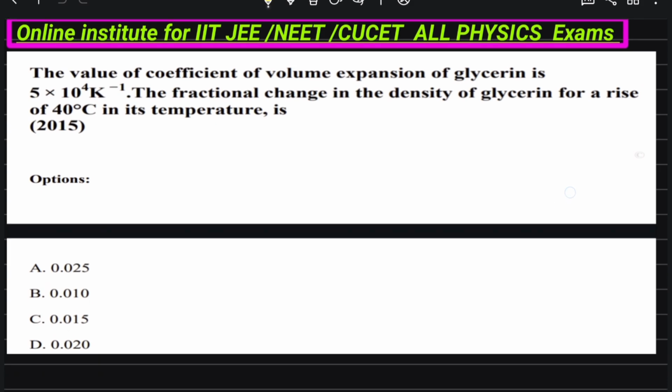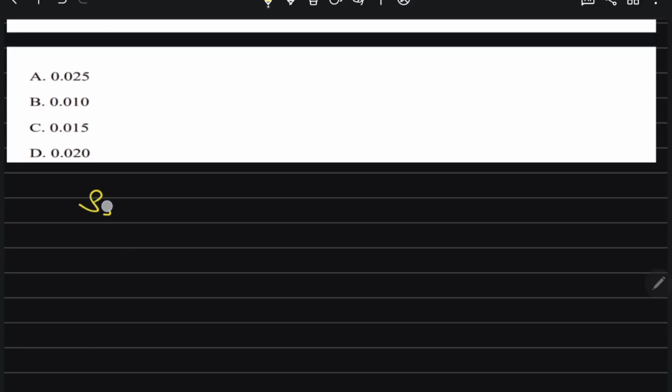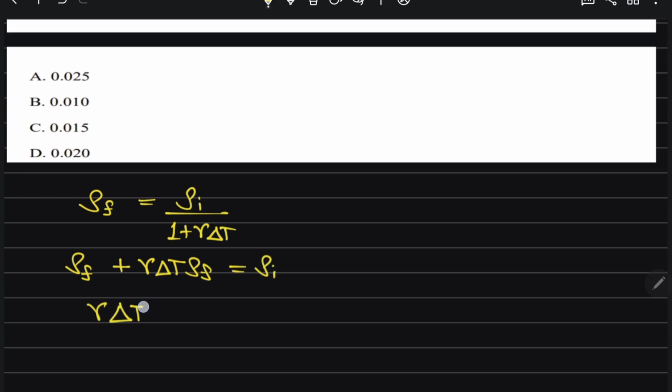So rho final is equal to rho initial upon 1 plus gamma delta T. Multiplying both sides, gamma delta T rho final is equal to rho initial minus rho final, that is delta rho.